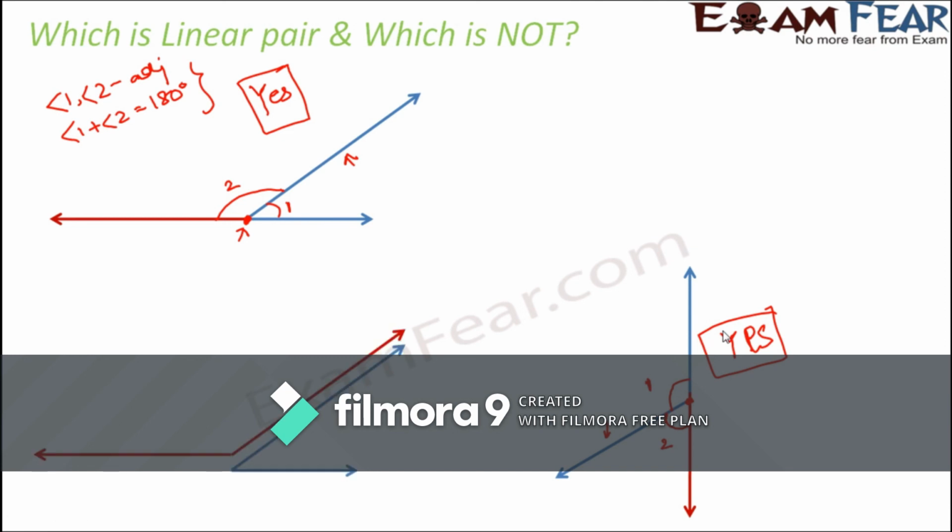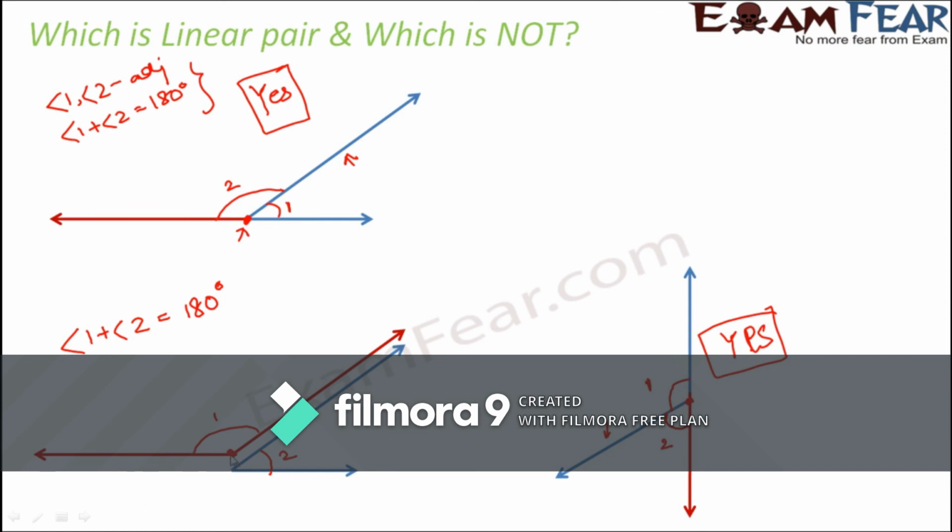Let's look at the third example. Here you have angle 1 and angle 2. This is an obtuse angle and this is an acute angle, and let's say that they satisfy the criterion that the sum of the two angles is equal to 180 degrees. But do you think that they are adjacent? Do they share a common vertex?